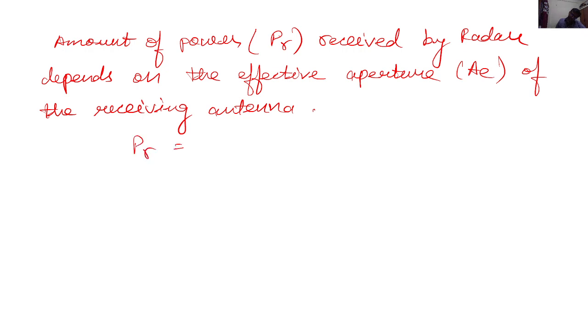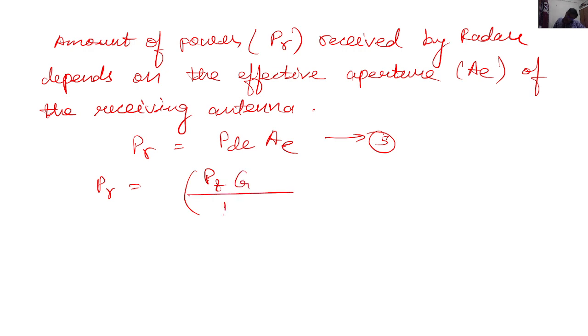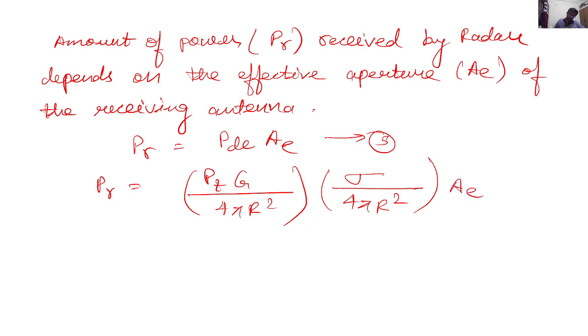So PR is equal to PDE times AE. This is equation number 5. Just substitute the terms, we get PR is equal to PT G by 4 pi r square times sigma by 4 pi r square times AE.